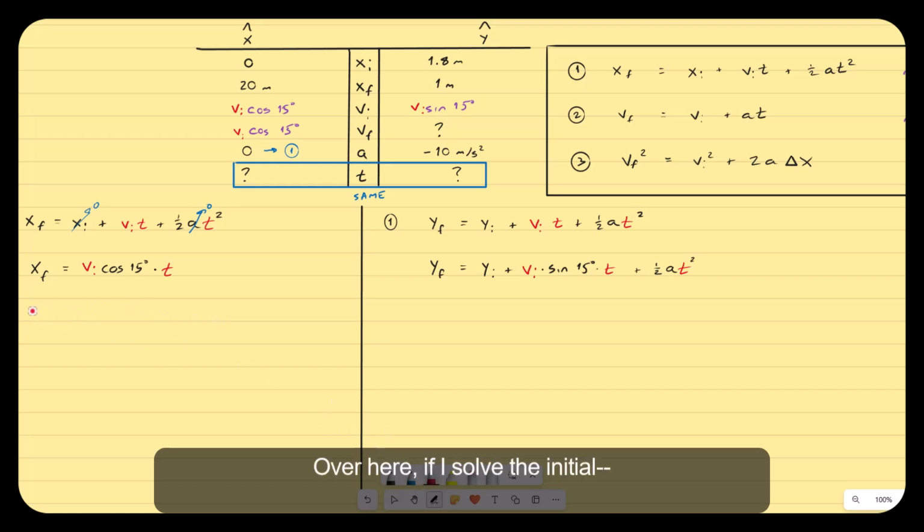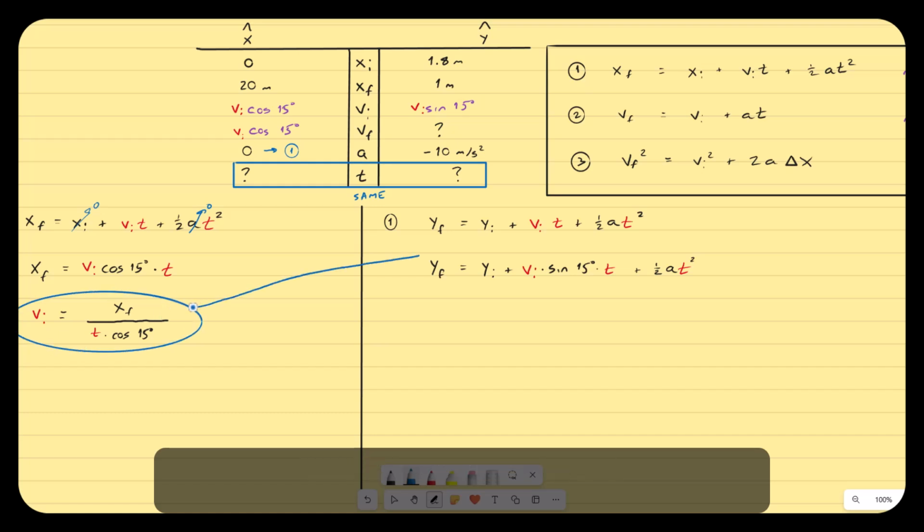So over here, if I solve for v initial, I'm going to get v initial equals x final over t cos 15 degrees. I'm going to take all of that and boldly cross my horizontal line and plug it in here for v initial. Let's see where that goes.